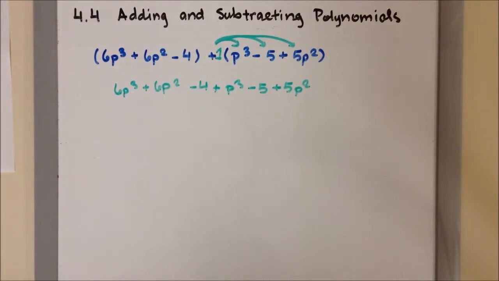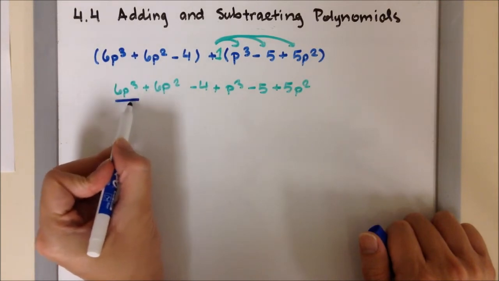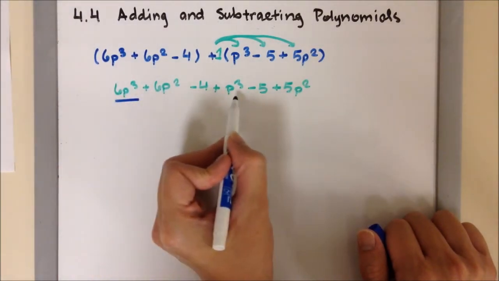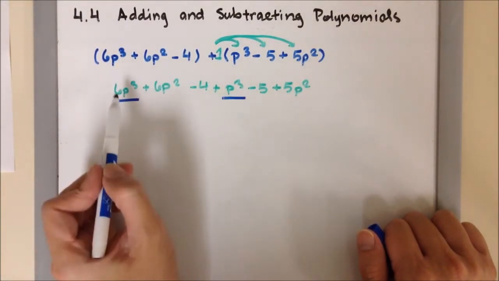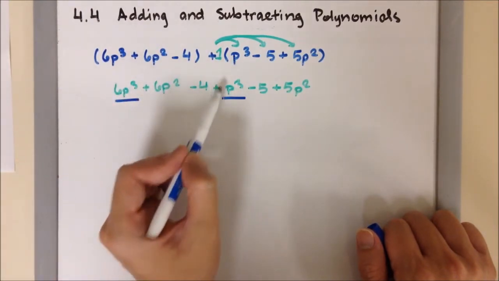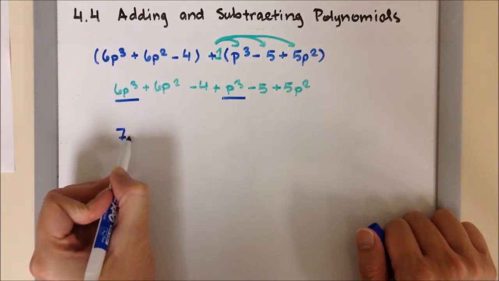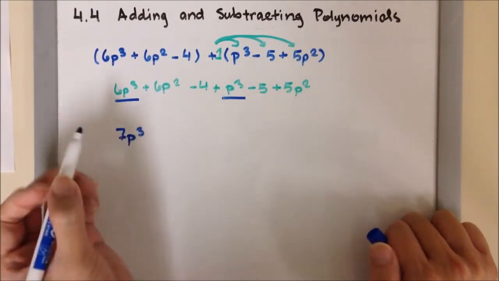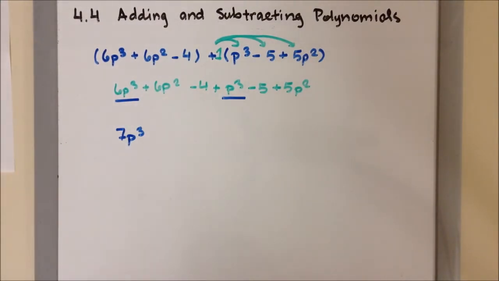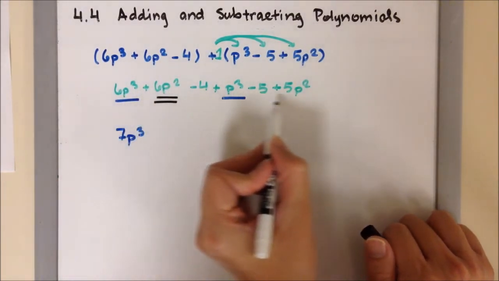Now let's start combining like terms. Let's take a look at the first one, p to the third, and see if there's any more, which we do right here. So 6p to the third plus p to the third, meaning 1p to the third, is going to become 7p to the third. Next, we take a look at p squared, and there's another one right here.